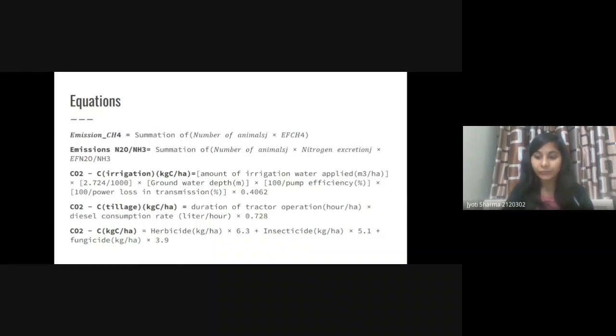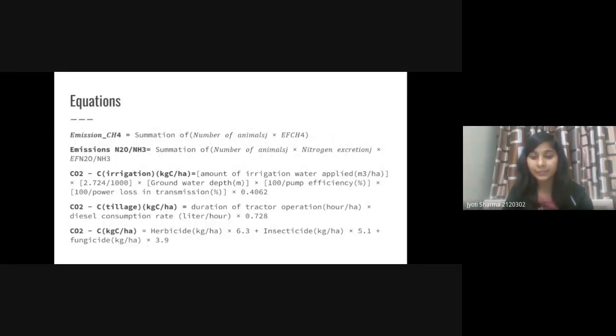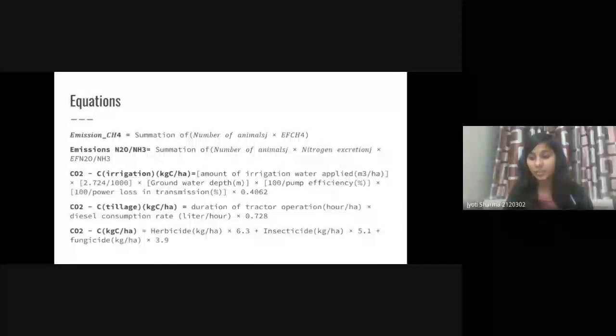To extract that water from the groundwater, you need electricity, and this electricity may come from fossil fuel, from burning of coal, for example. Then you will calculate it by how much amount you extracted from the groundwater, the depth of this groundwater, the efficiency of your pump to extract this, and then the power loss in transmission. So likewise you can calculate how much carbon will be emitted whenever you do irrigation in your farm area.